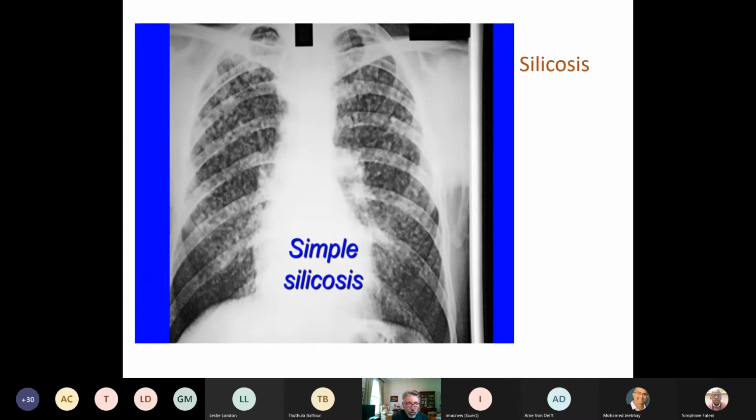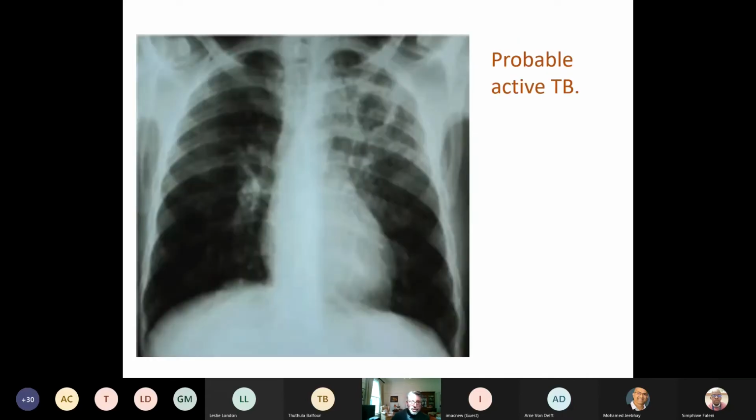This is a gross example to make it clear on the X-ray. Silicosis like a snowstorm. These are really scarring or fibrotic nodules in the lung fields, interfering with the passage of the X-rays, and that's good going silicosis. Often it's not as easy to see as that. So this is a poorly resolved film. Here you can see there's something going on in the left lung, and what in fact we're looking at is a filling of the left lung with tuberculosis disease and the formation of a cavity as the lung breaks down.